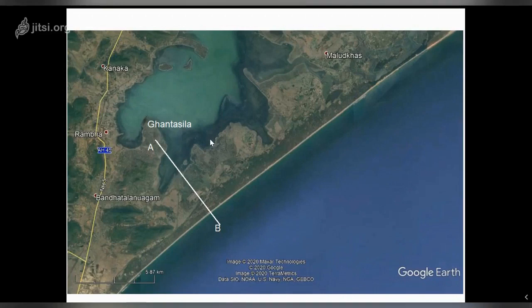But then I had the opportunity of working on other parts of the eastern coast and the Kerala coast, and I have found signatures of rise of sea level during the late Holocene, or from mid Holocene onward.